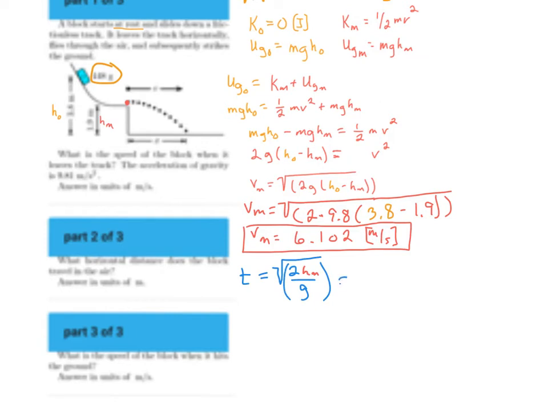Alright, now let's expand it and plug in our actual numbers. So that's going to be 2 times the height divided by 9.8. My height is 1.9.